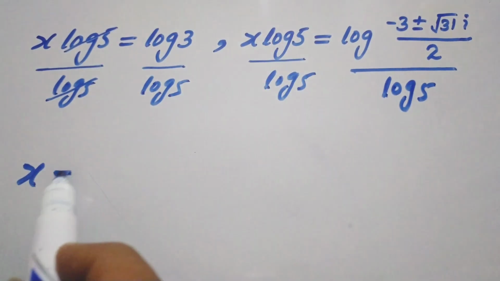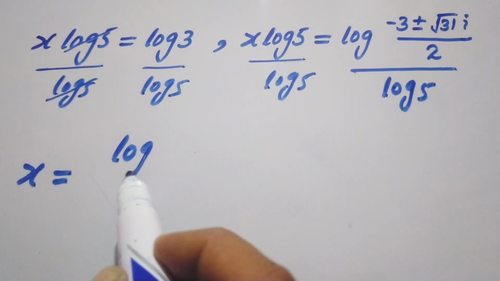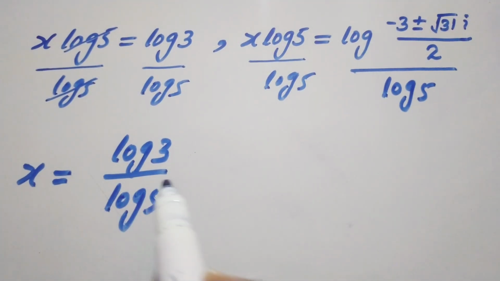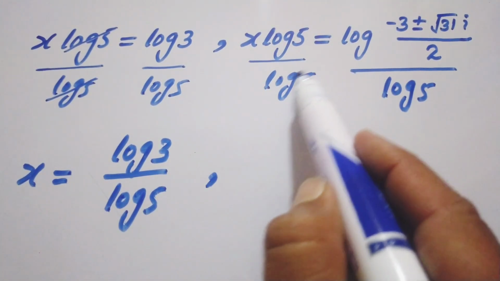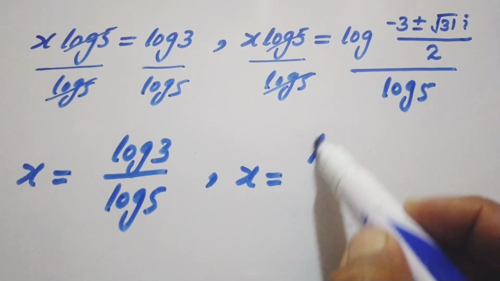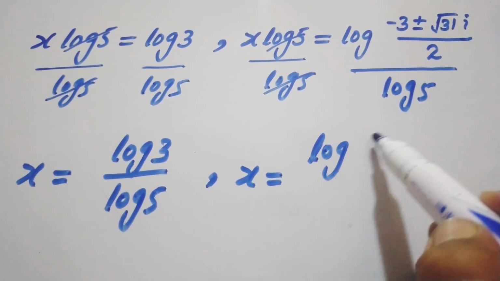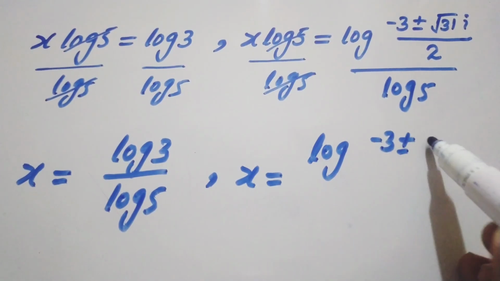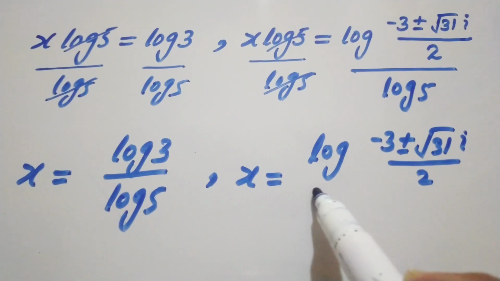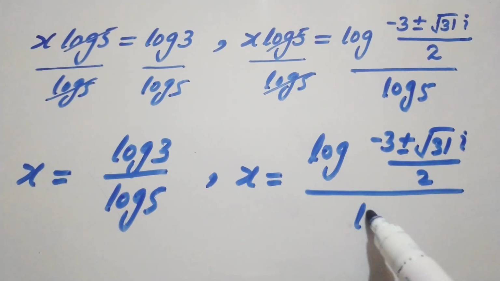We will be left with x is equal to log of 3 divided by log of 5. And here log 5 and log 5 cancel out. X is equal to log of minus 3 plus minus square root 31 i divided by 2, whole divided by log of 5.